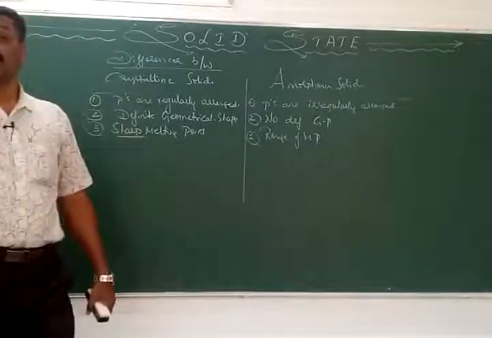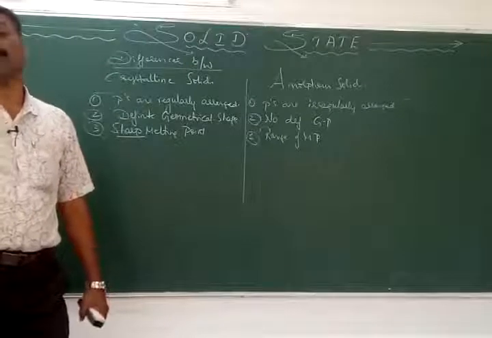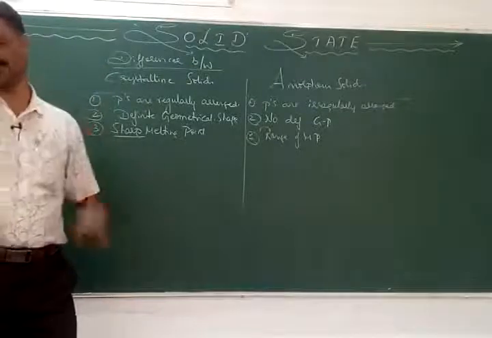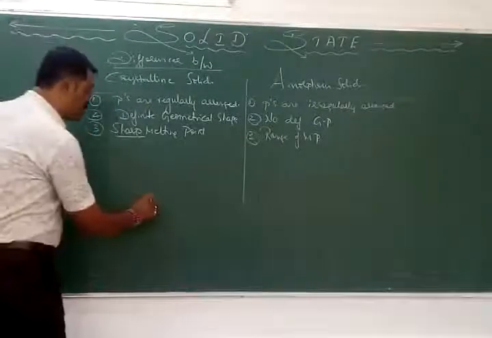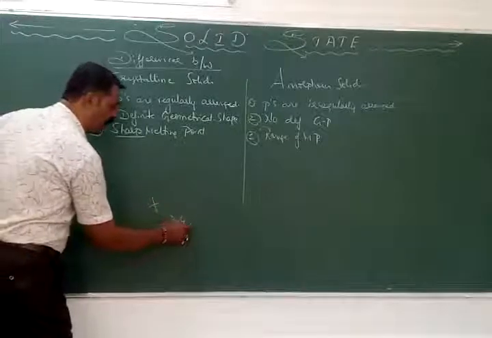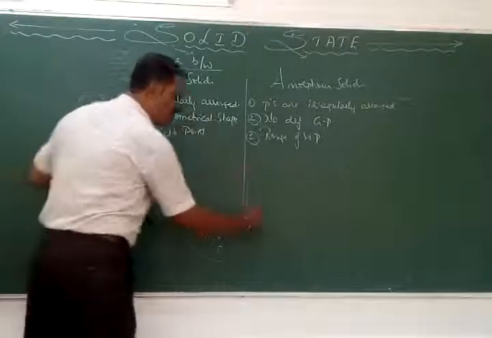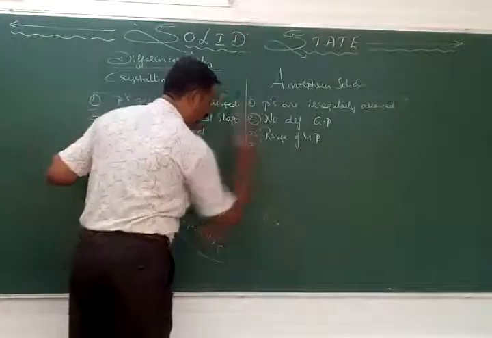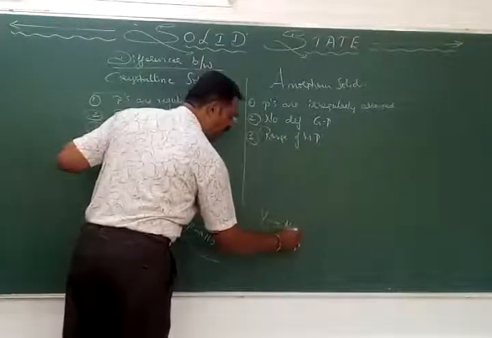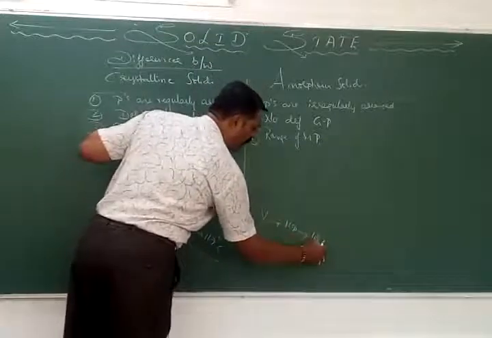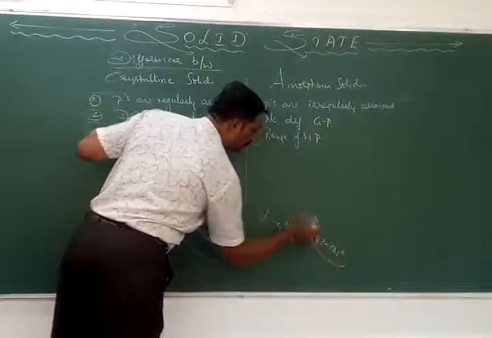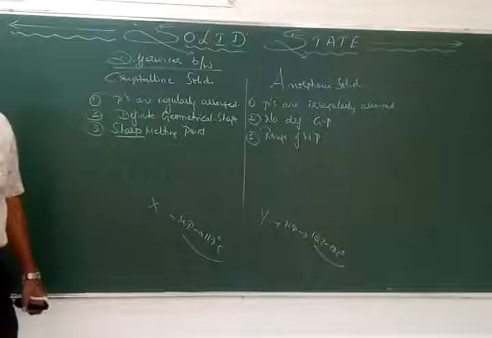That is why it doesn't have a definite or sharp melting point. Means it is having some range. Suppose X is a crystalline solid, it is having a melting point of, for example, 116 or 117 degrees Celsius. If Y is an example of an amorphous solid, its melting point is between 123 to 125 degrees Celsius. So why is it due to?